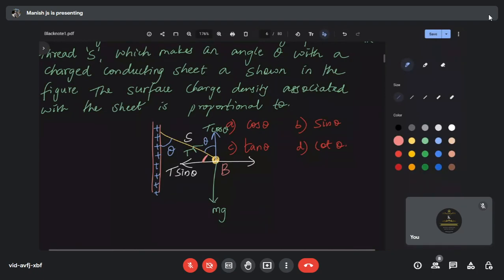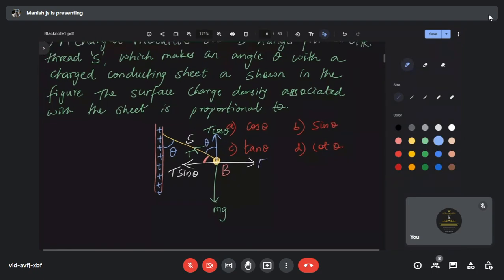Right side, what is the force? What is the force towards the right? Your electrostatic force, which is F is equal to QE, then that is going to act.